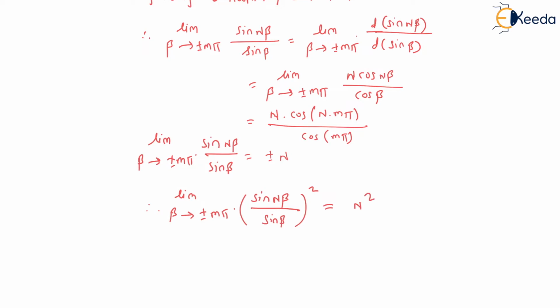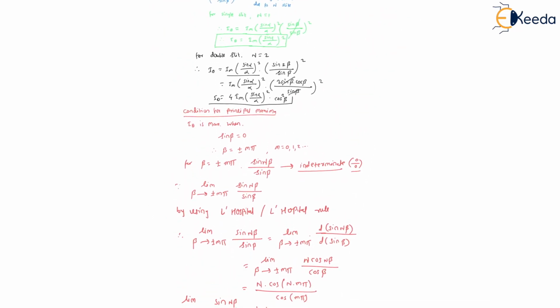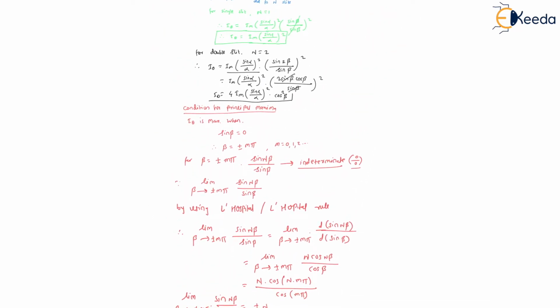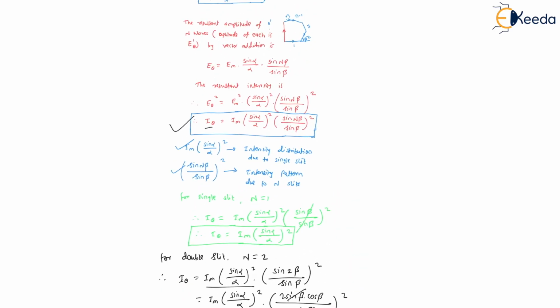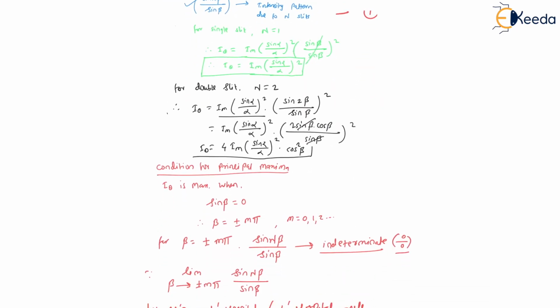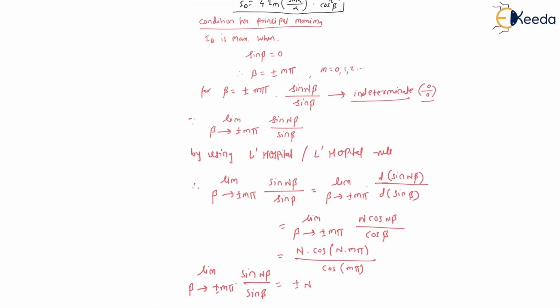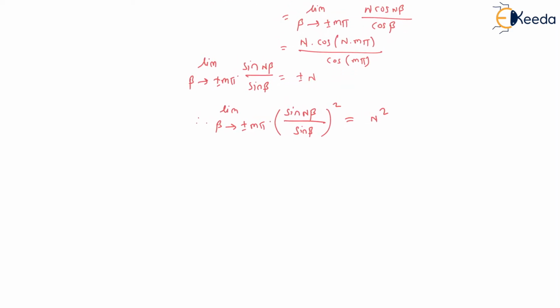So now we can substitute this value, n square, for sin n beta divided by sin beta bracket square in this particular equation. Let this equation be 1 or 2, whatever. So we substitute n square here. Now the maximum intensity, or the intensity of a principal maxima, will be what?